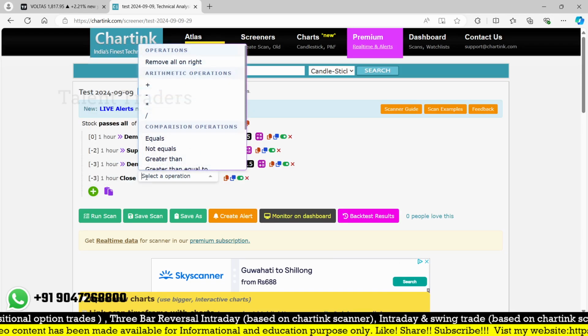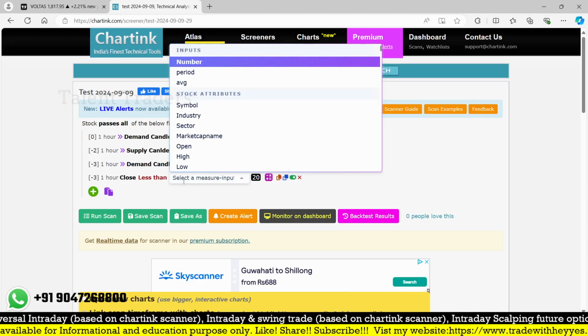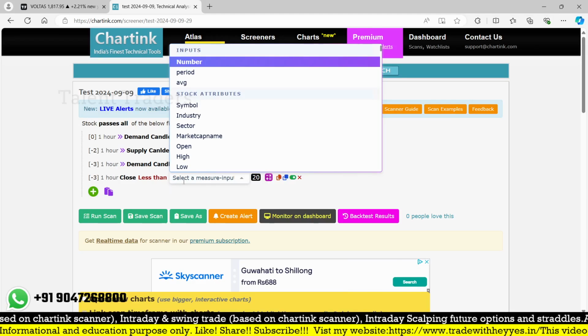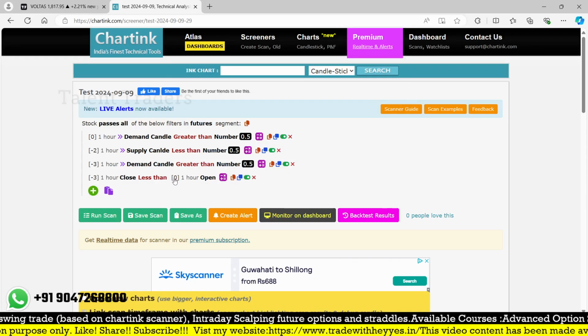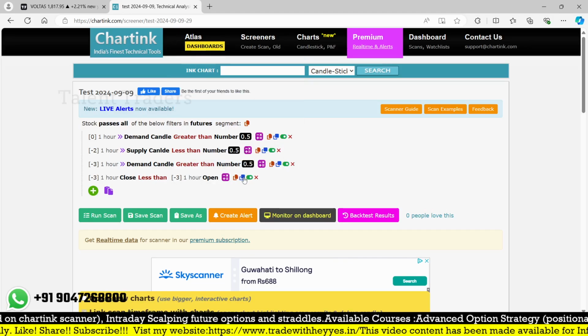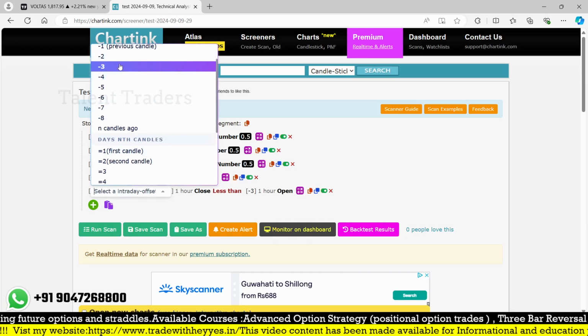We will be fetching this with the candle patterns, with the color of the candle. These are all the things we are looking for: the color of the candle, and the current candle, that should be the first or current candle.